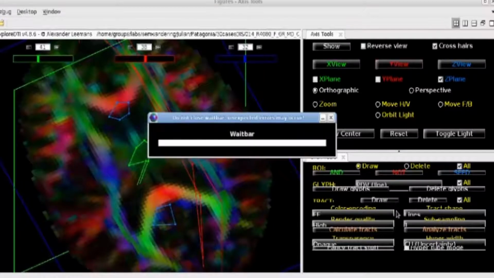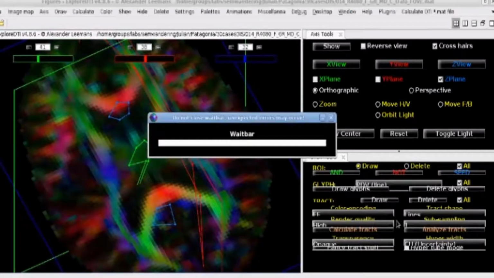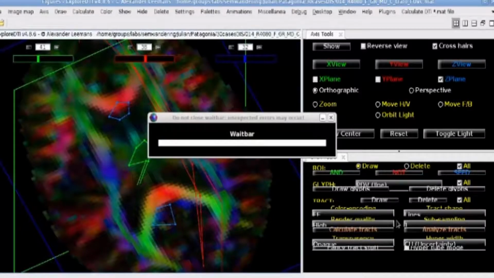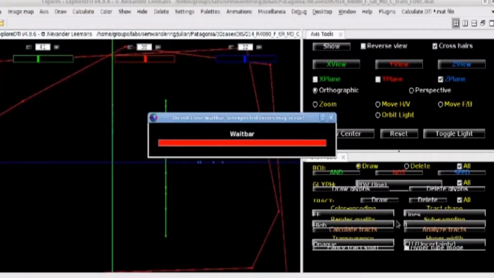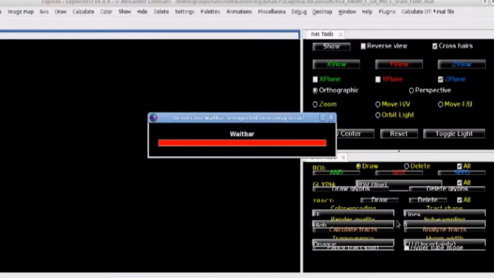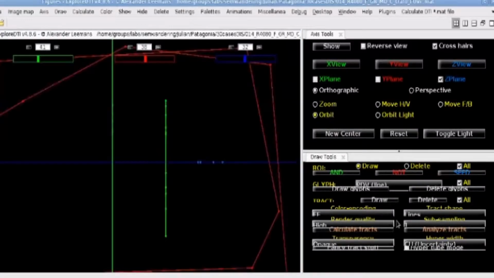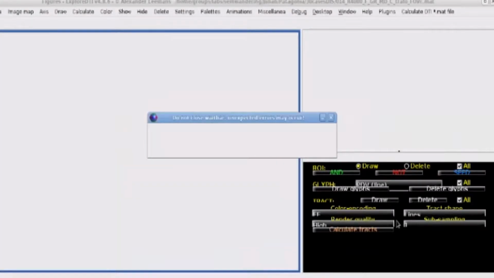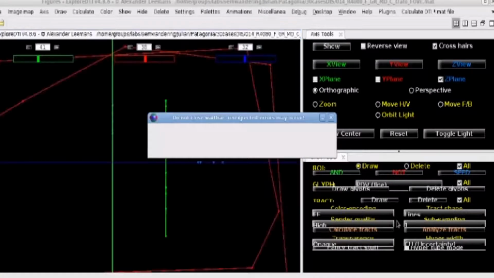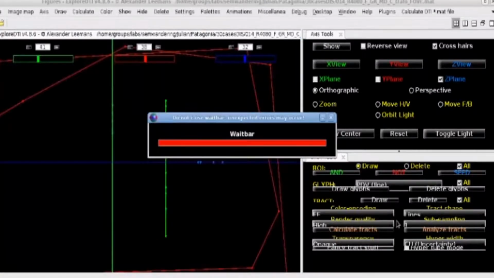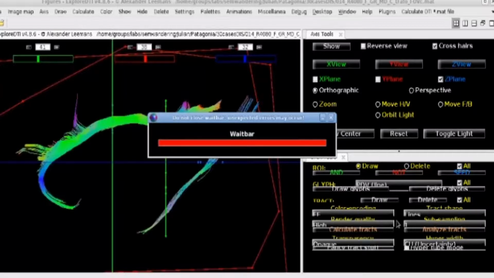Now the images are a very nice acquisition, but the fat suppression was not controlled. This is a ghosting artifact that we detected. This is very nice.